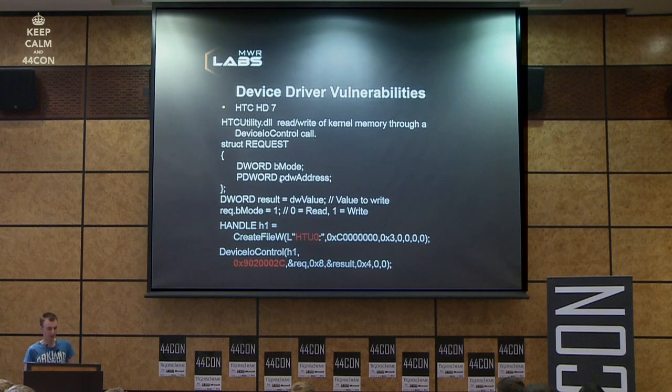And it turns out HTC had written a device driver which gives you arbitrary read and arbitrary write access to the entire memory space of a process. That included the kernel memory space as well. So clearly, if you can write to the kernel memory space, then you can gain code execution in the context of the kernel and bypass all the security which is implemented in the TCB. Don't really know why they had that in there.